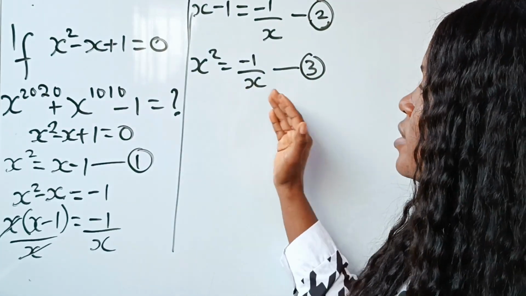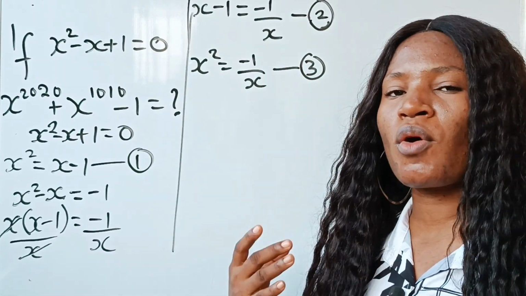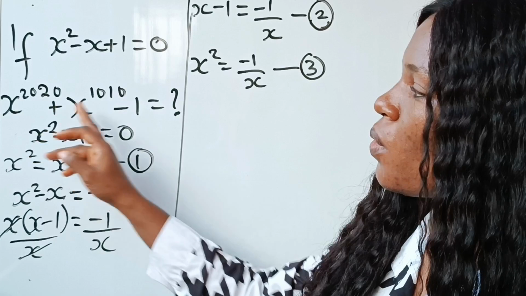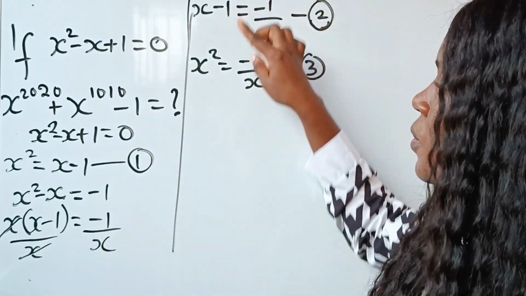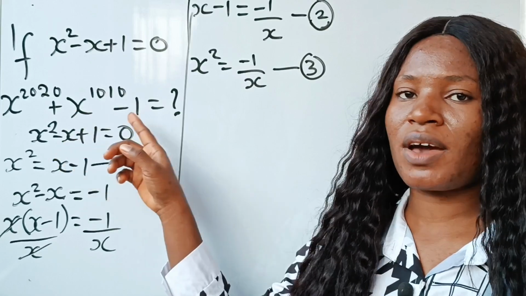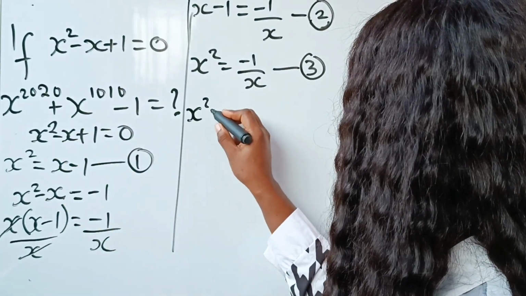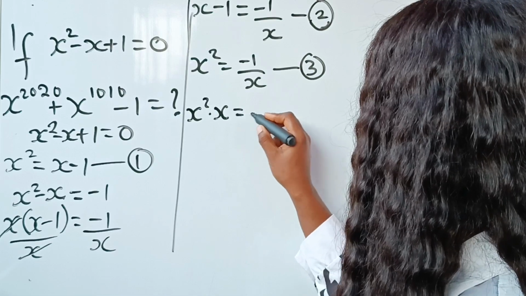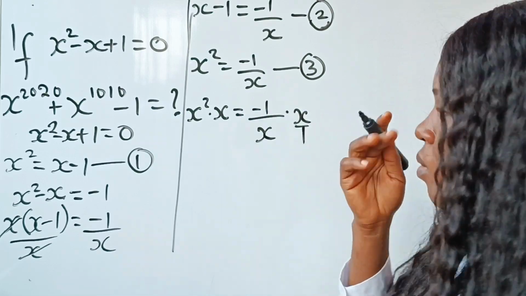Now I want to multiply both sides of the equation by x, because I want to get x to the power of 3 before I start simplifying what we have here. All these things I'm bringing out here are the things that we will need when we are simplifying this one. So we have x to the power of 2 multiplied by x is equal to minus 1 over x multiplied by x over 1.